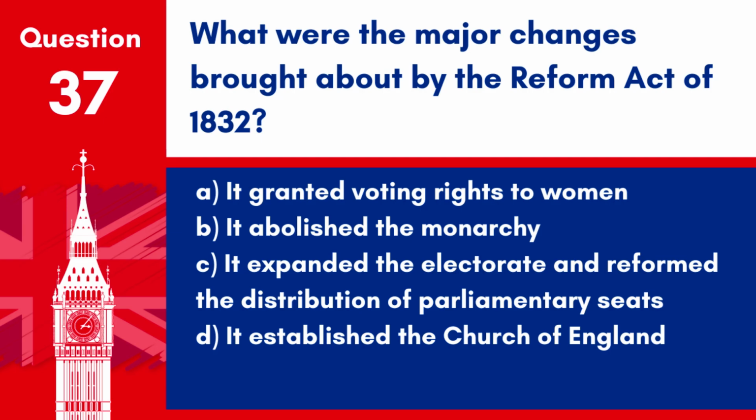Question 37. What were the major changes brought about by the Reform Act of 1832? A. It granted voting rights to women. B. It abolished the monarchy. C. It expanded the electorate and reformed the distribution of parliamentary seats. D. It established the Church of England.